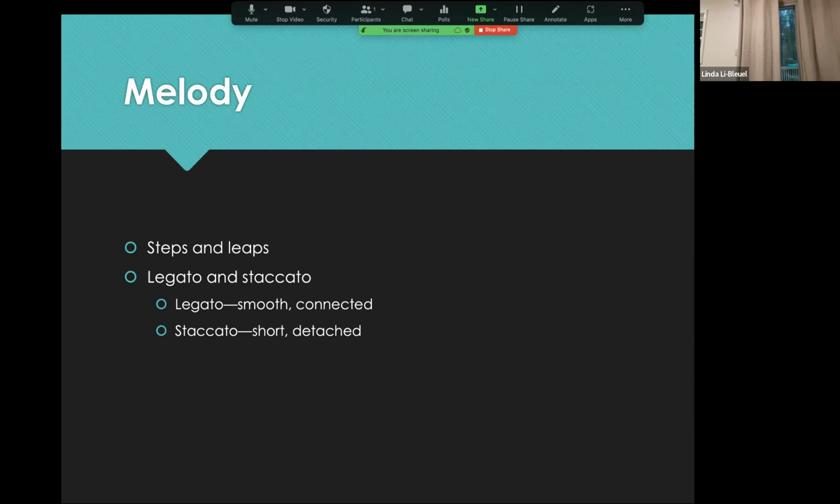All right, and then legato. Okay, so those would be examples of legato and staccato. So you will have to identify that on the quiz. So if I'm going to play something for you, you'll have to tell the difference between legato and staccato. And I'll do some practices, okay?